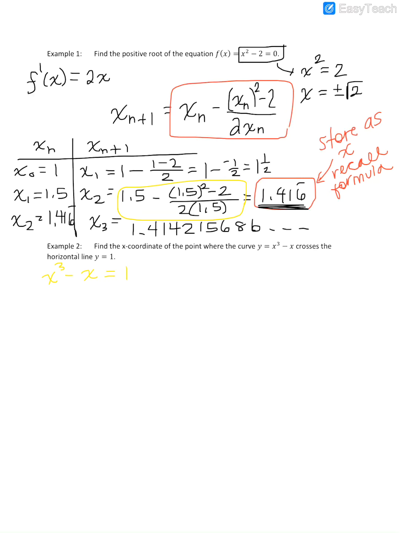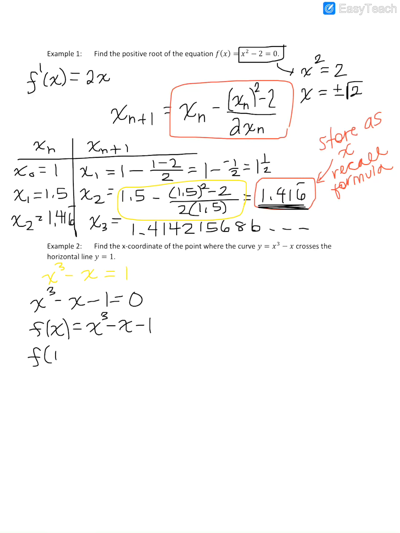Okay, let's actually subtract that. Subtract the 1. And now I'm going to use the intermediate value theorem to kind of narrow down where my root is going to be. Let's say this was my f of x, the x cubed minus x minus 1.